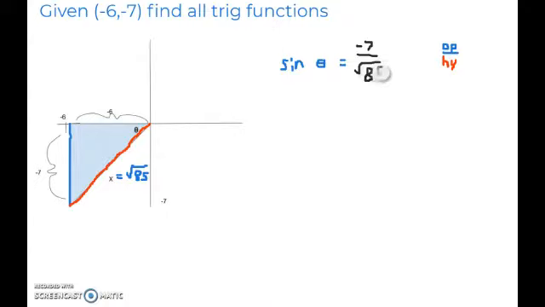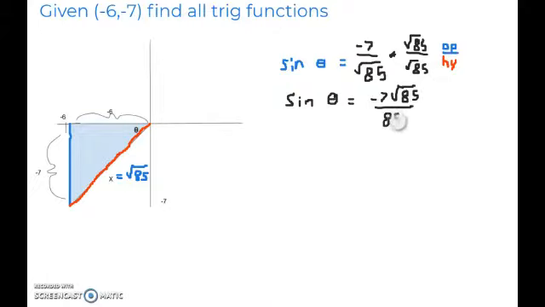But that's not the correct way to write it, because you can't have a square root in the denominator, so you multiply it by the square root of 85 over the square root of 85 to get rid of the square root in the denominator. And so sine of theta equals negative 7 square root of 85 over 85.